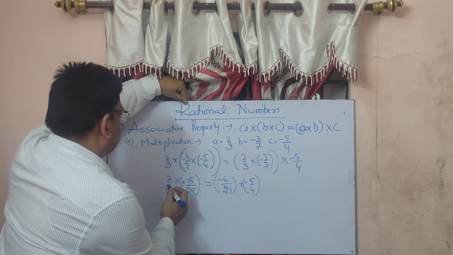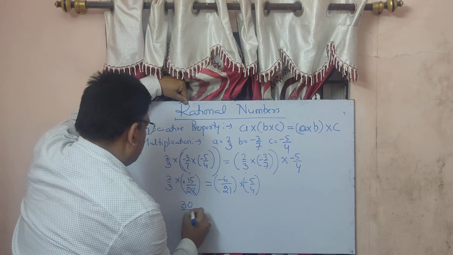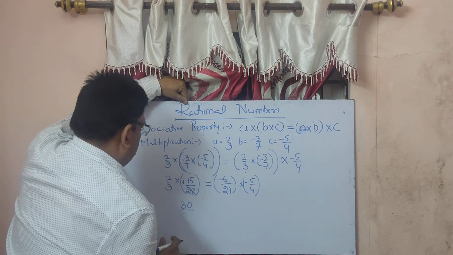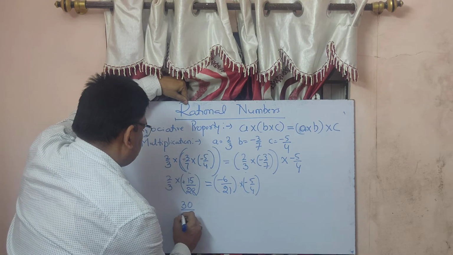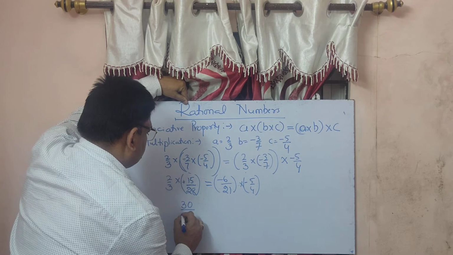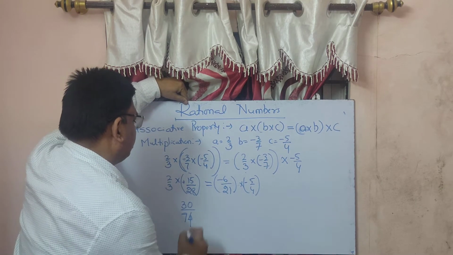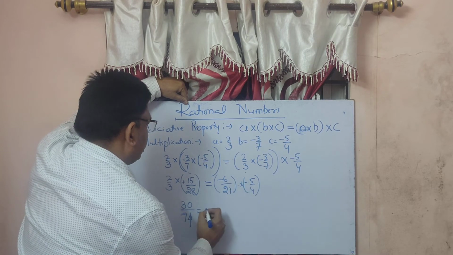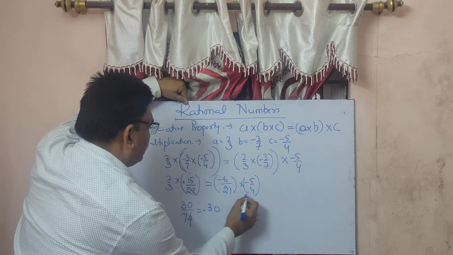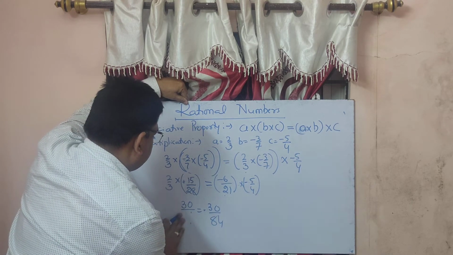Now both are positive, so 6 5s are 30, 21 4s are 84.